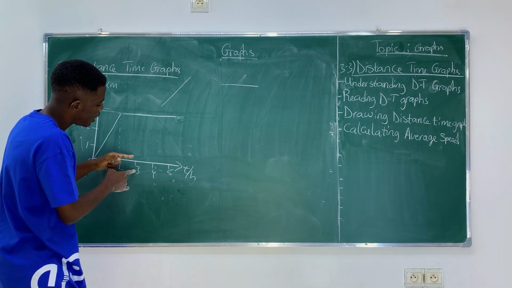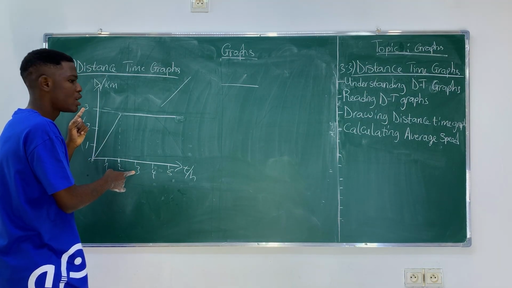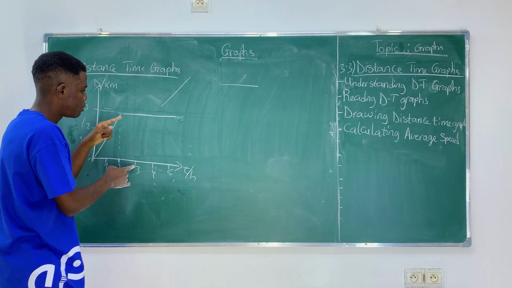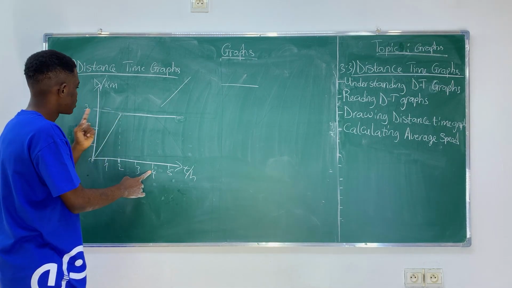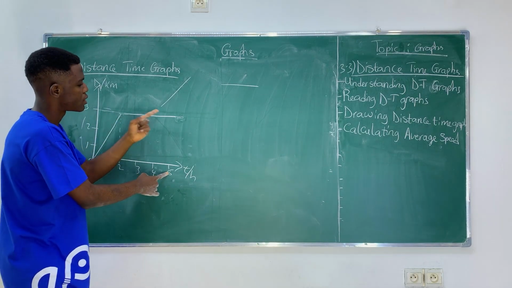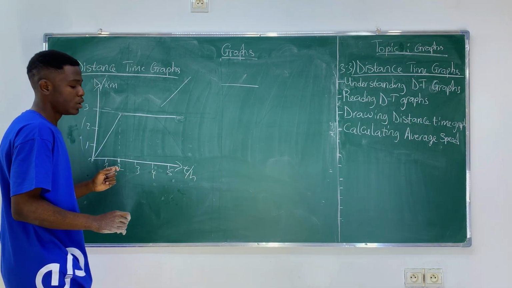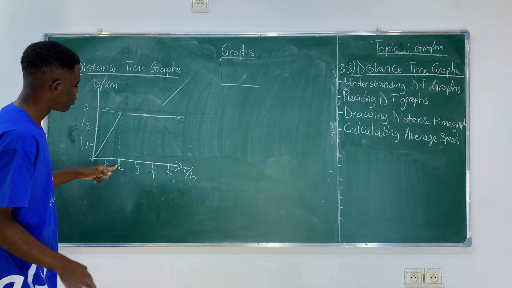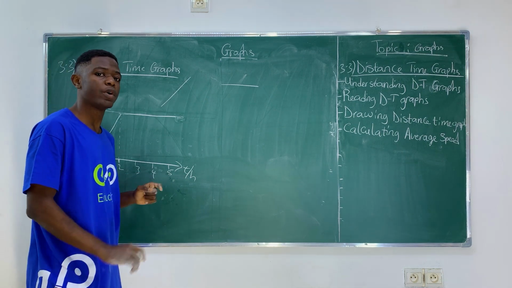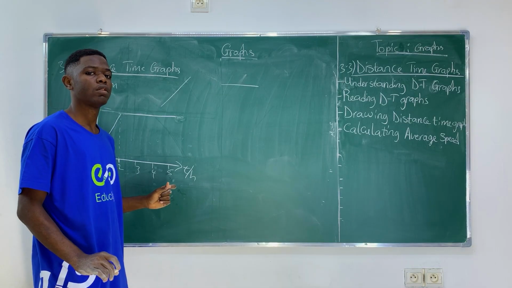We see 3 hours, the distance remains the same. 4 hours, the distance is still the same. 5 hours, the distance is still the same, meaning the person stops. So then you will say from the 3rd to the 5th hour, the person stopped moving.